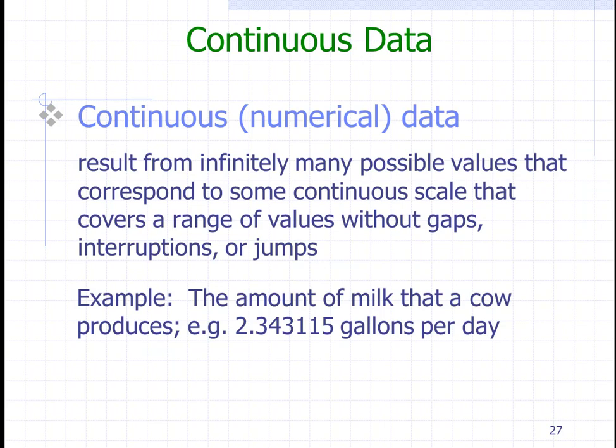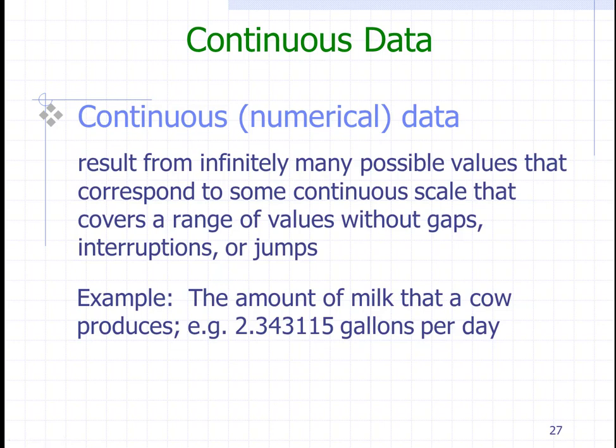Then continuous data results from many possible values that come between the values. So for instance, if we look at the amount of milk that a cow produces, we can take that out to an infinite number of decimal places. Your grade point average.